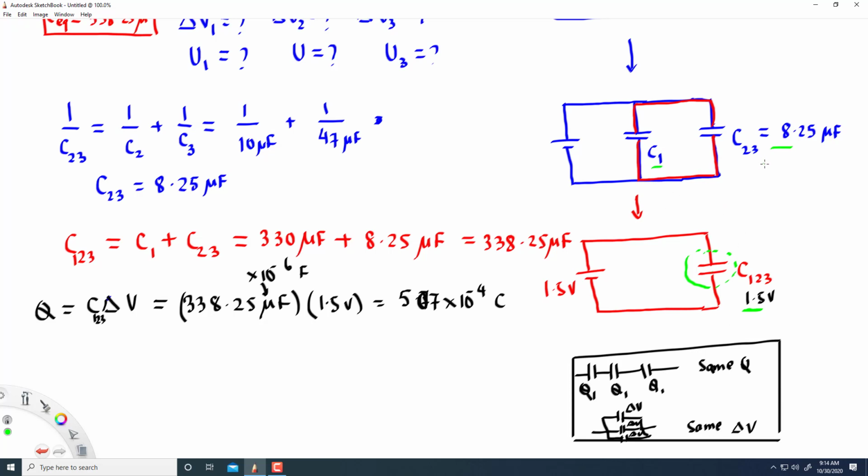So this one will have 1.5 volt, and this one will also have 1.5 volt. That's what we said here. Whenever things are in parallel, they have the same potential difference.